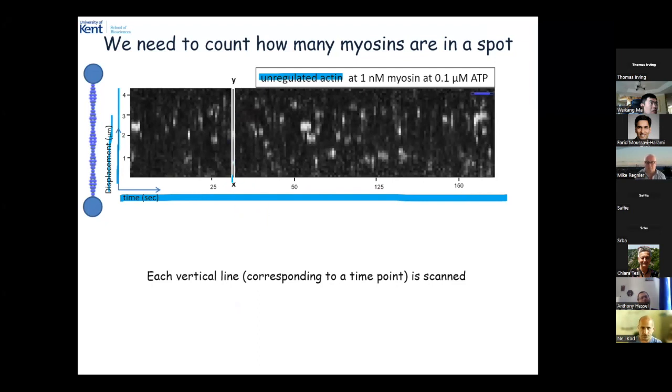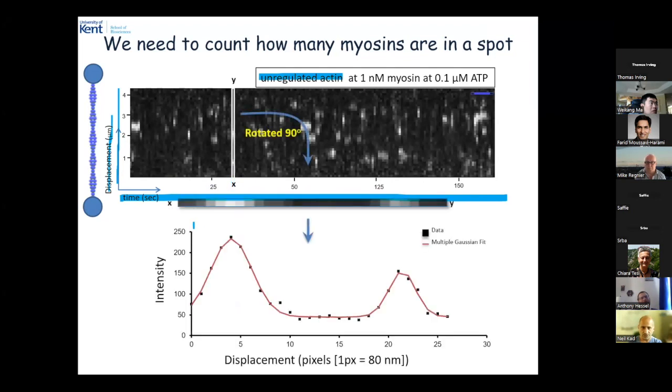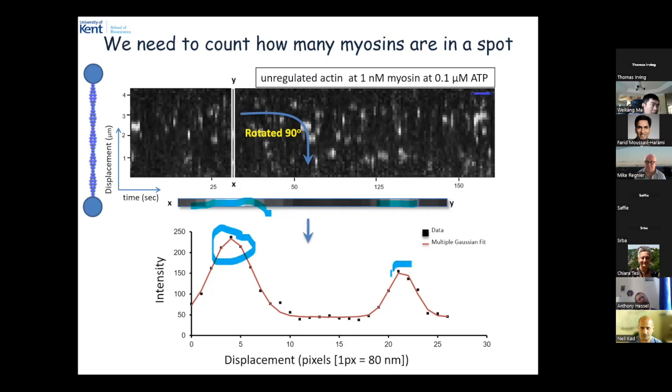I'll take that little slice of the data and rotate it 90 degrees, and you can see we have one fluorescent spot and another fluorescent spot here. If we plot those as a histogram, you can see the intensity of this spot is higher than this spot, and that tells us there are more myosins bound here than here.